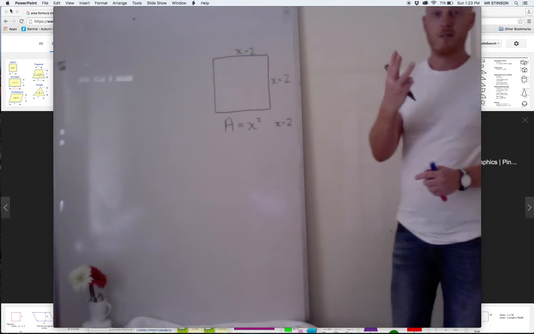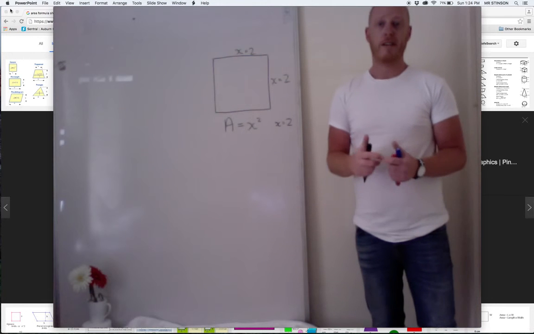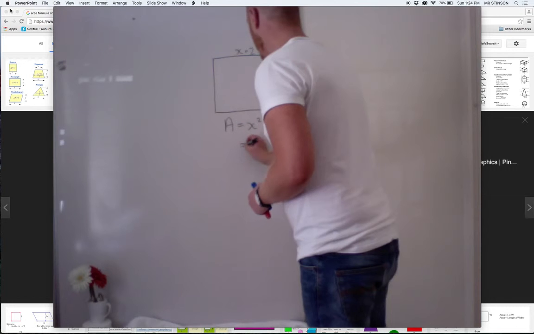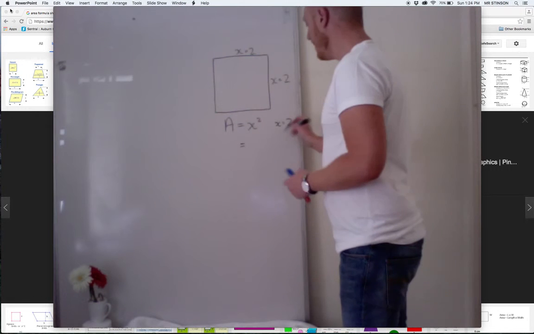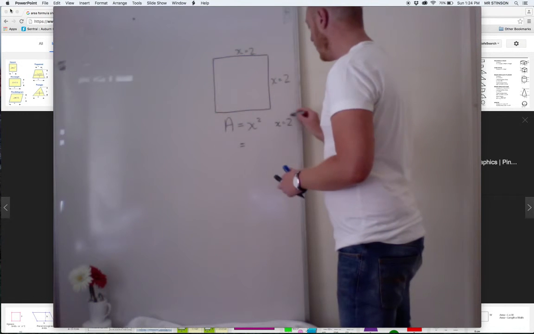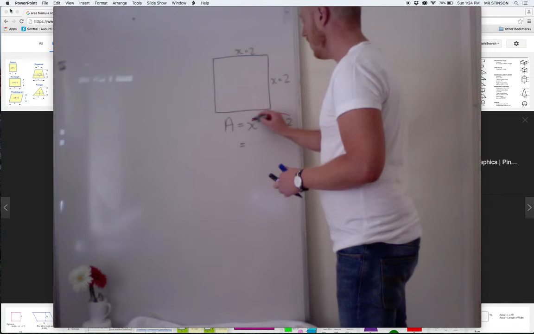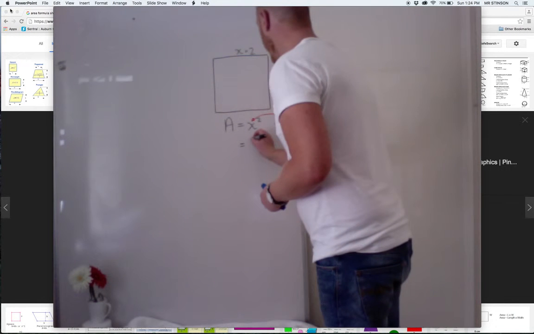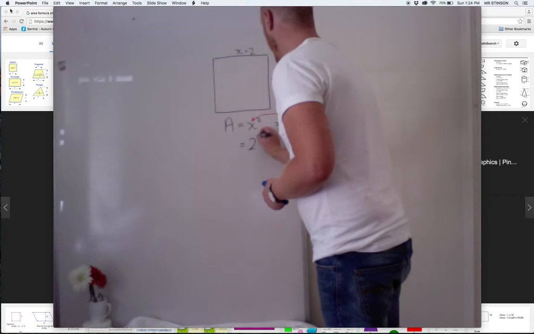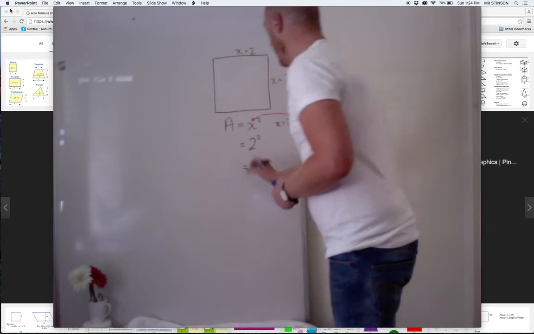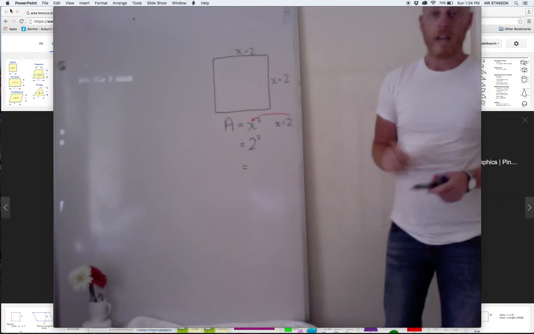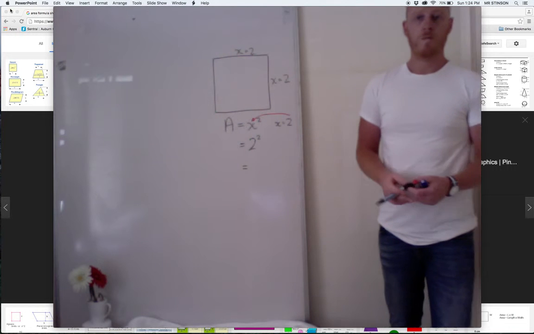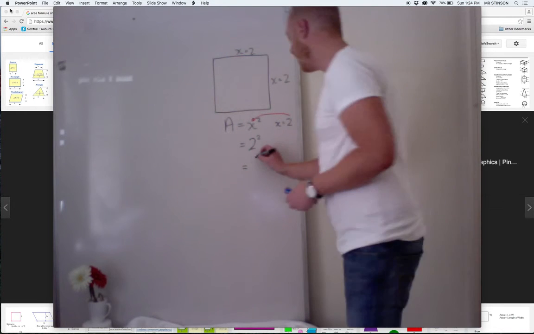Step 3, which we've mastered already, we need to substitute. So, align your equal sign, substitute the 2 in for the x. And the area becomes 2 squared. Very lastly, we need to calculate. 2 squared is 2 times 2, which becomes 4.